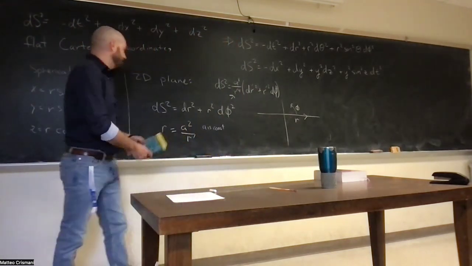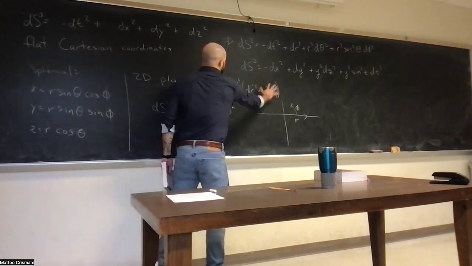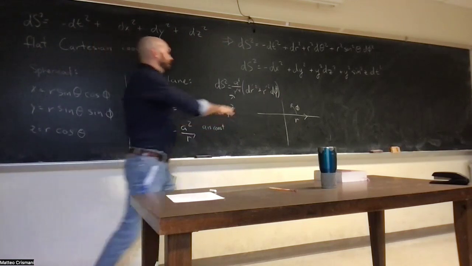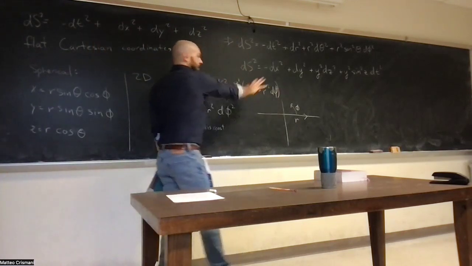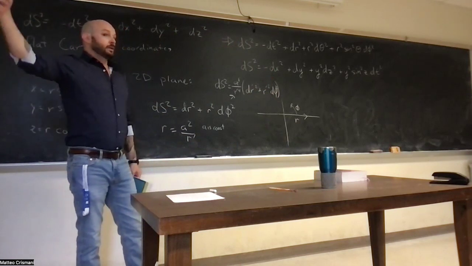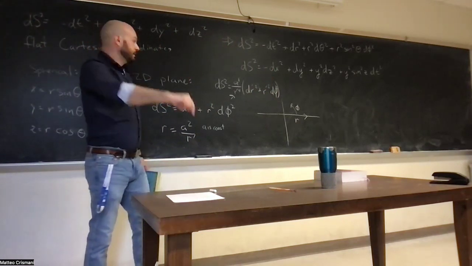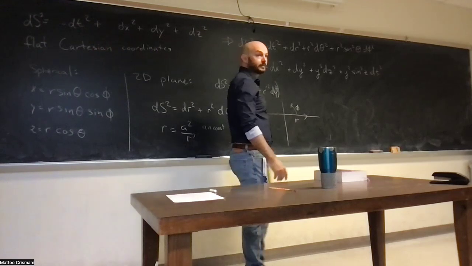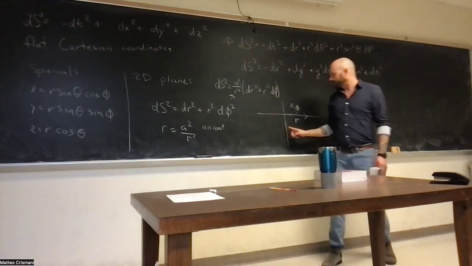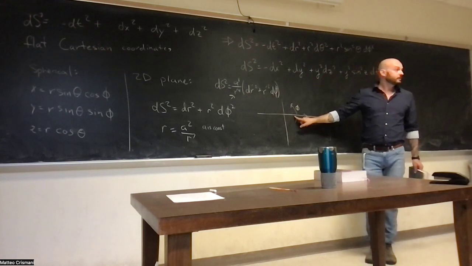Anything unusual happen if I use this space? Let's say I write this space out, got my dr squared, got my r, we're walking all around, going from point A to point B in this flat plane space. So I go from here to here.